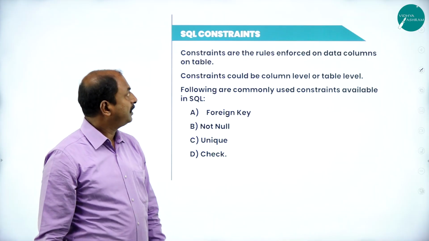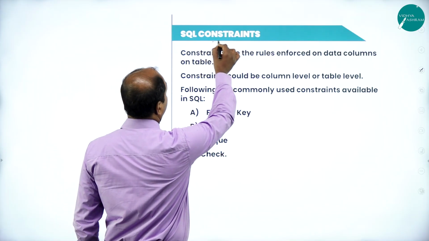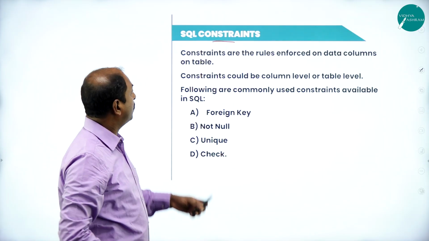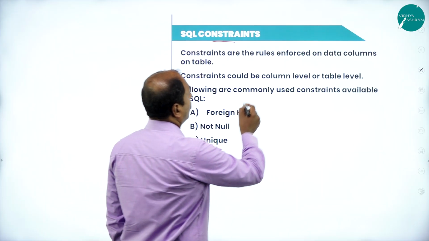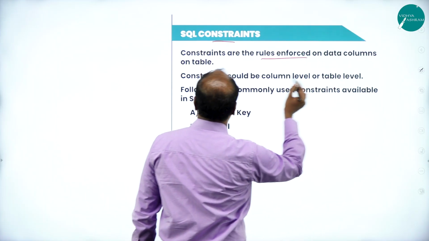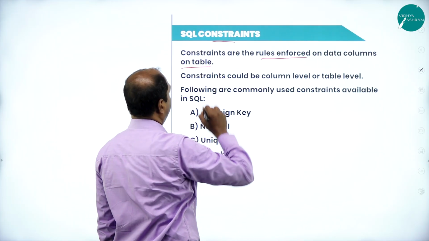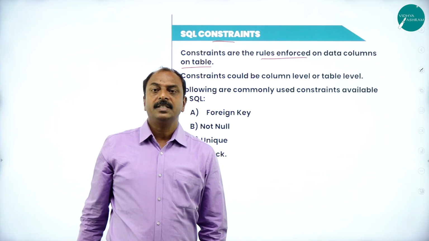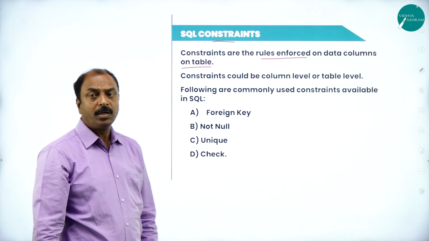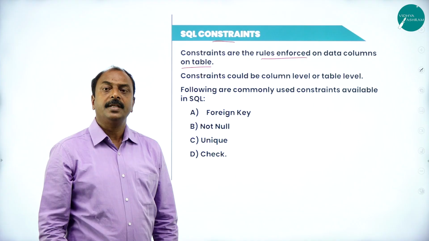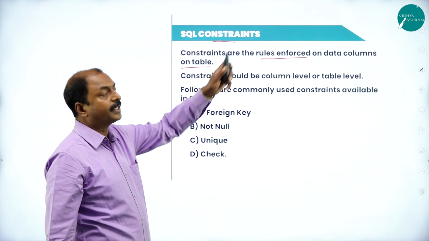Now the next concept is SQL constraints. So what are constraints? Constraints are the rules enforced on data columns of a table. Here we are going to set rules for a particular column in a table, and that is nothing but constraints.